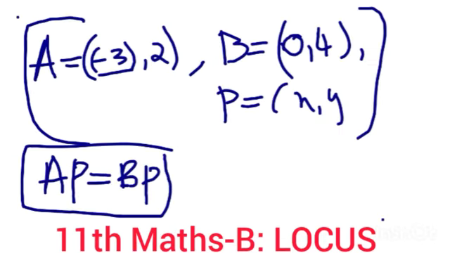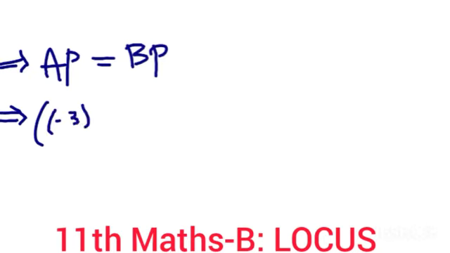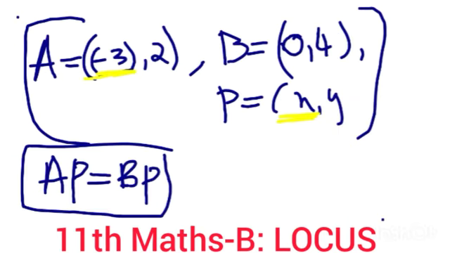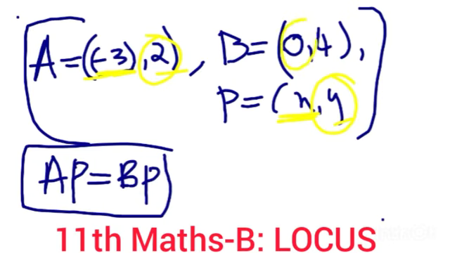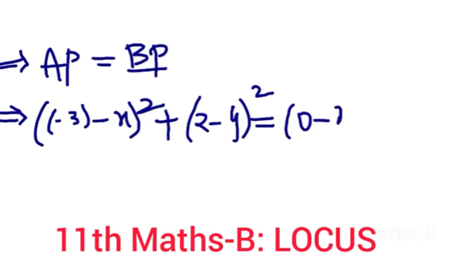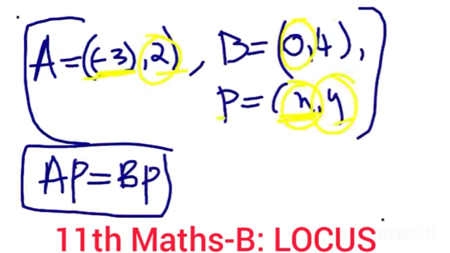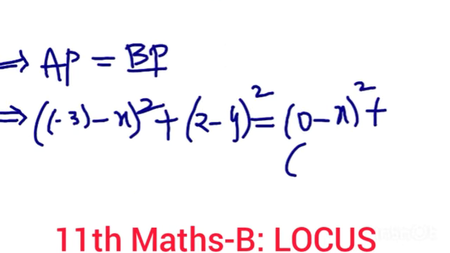AP equals the square root of (first point of A minus first point of P) whole square plus (second point of A minus second point of P) whole square. That is (-3 - x) whole square plus (2 - y) whole square, is equal to BP, which is (0 - x) whole square plus (4 - y) whole square.